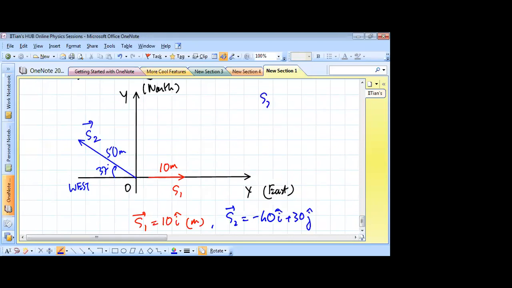Because for the vector S2, the magnitude is 50, and the angle with the x-axis is 153 degrees. So cos theta is minus 4 by 5, and sin theta is plus 3 by 5. Use these for the components, and you'll get minus 40 and plus 30 in meters. So that is your S2.